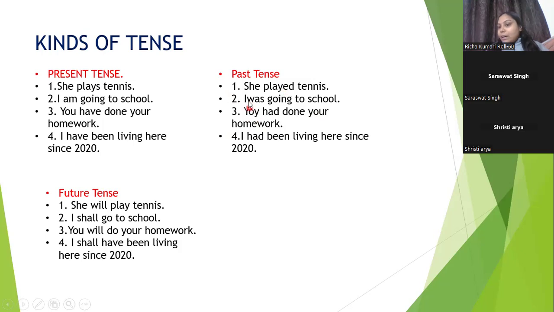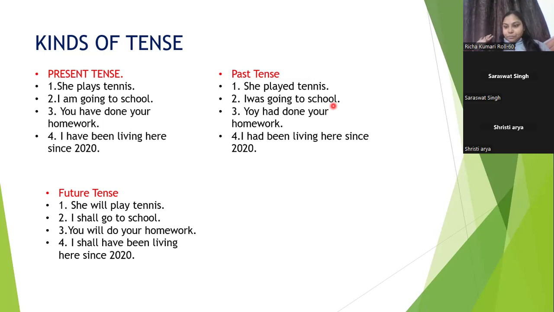I was. ठीक है? I was going to school. Now, what does this mean? मैं स्कूल जा रहा था. ठीक है? प्रेजेंट में हमने जो सेंटेंस लिखा I am going to school means मैं स्कूल जा रहा हूँ. और अभी जो पास्ट में हमने सेंटेंस पढ़ा, मैं स्कूल जा रहा था कभी पास्ट में.